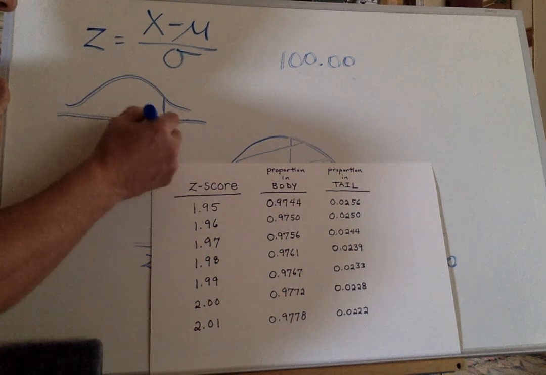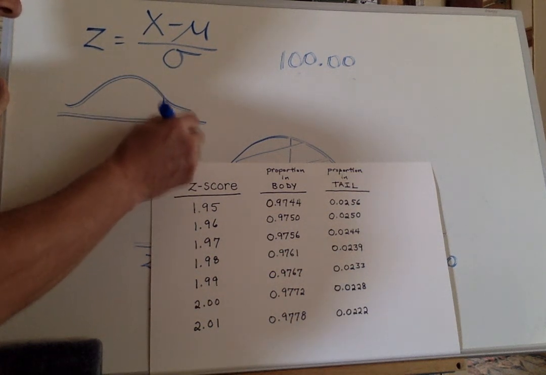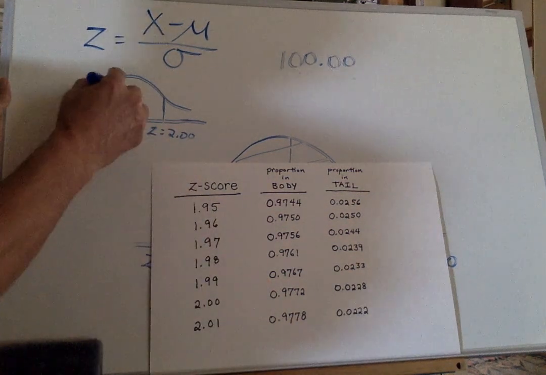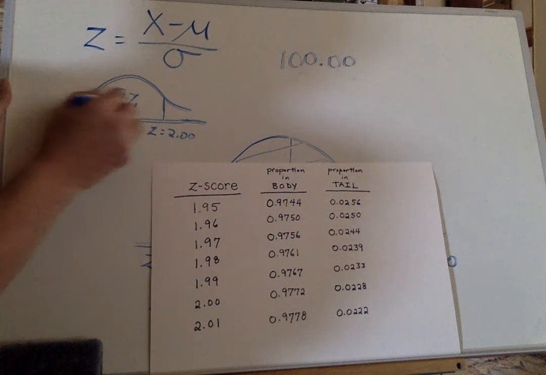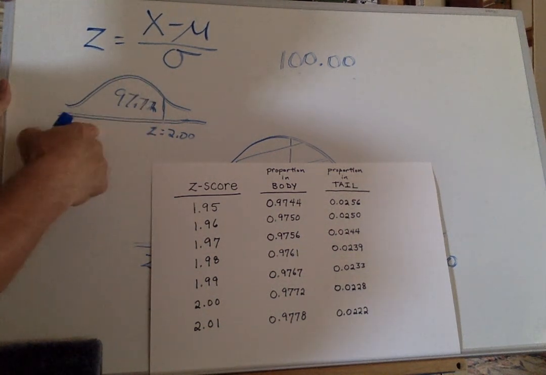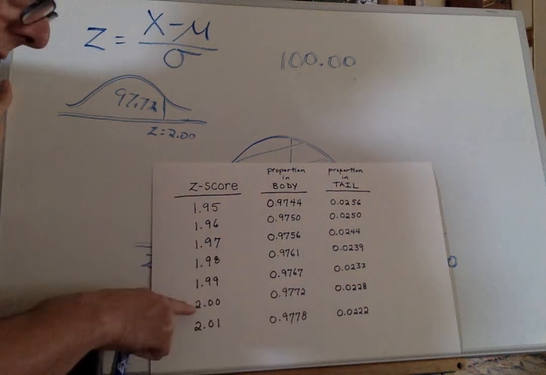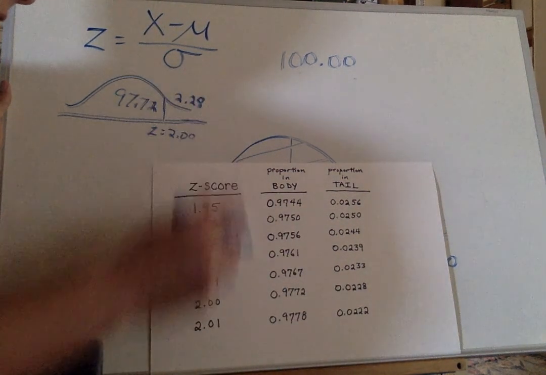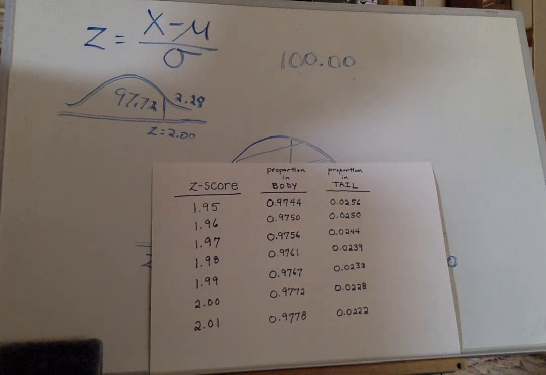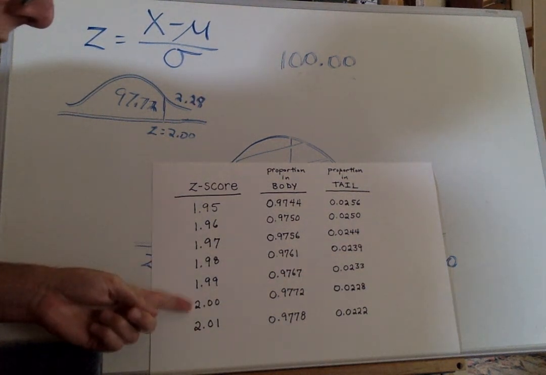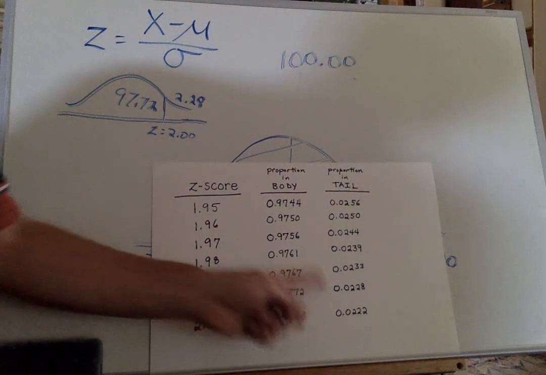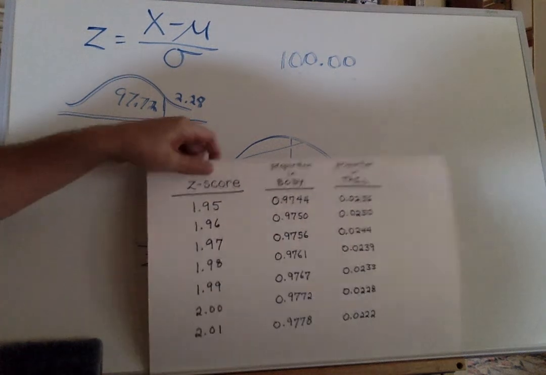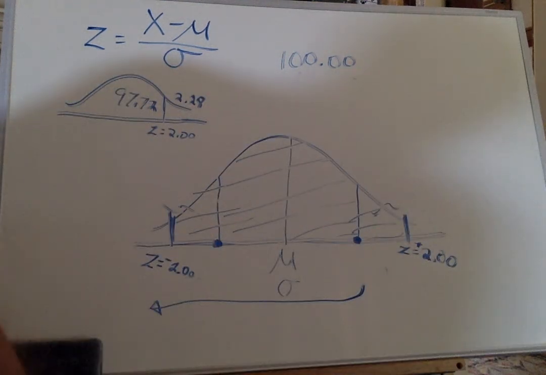If I had a z-score of 2 here, it's telling me 97.72 is in the body, and 2.28% is in the tail. Okay, everybody with me? Look for 2. There's the body, there's the tail. Now I'm going to go back to the question.